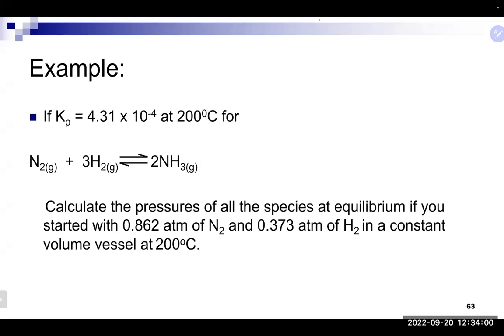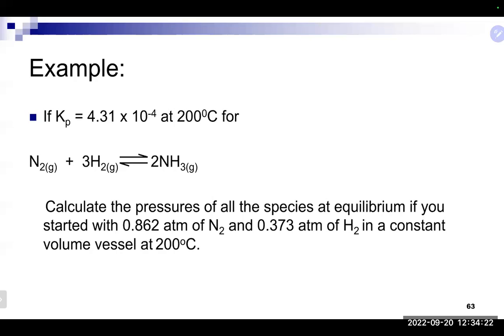You have to convert it to atmospheres, go into the ice table, do the ice table calculation, and then convert it back at the end. So always make sure it's in atmospheres when it goes into an ice table. So that's how we'll approach this here.